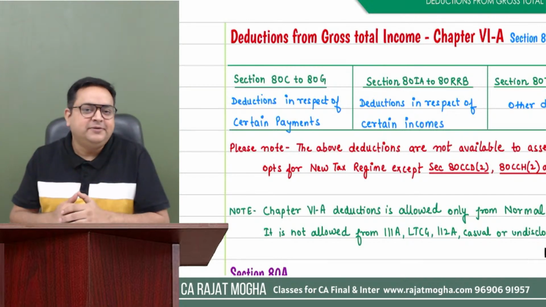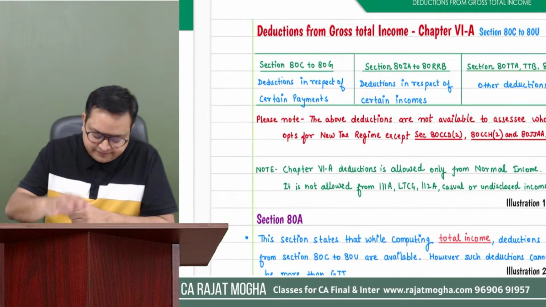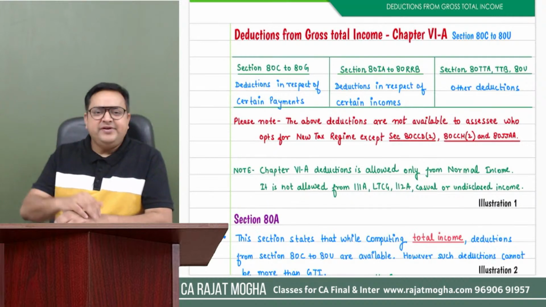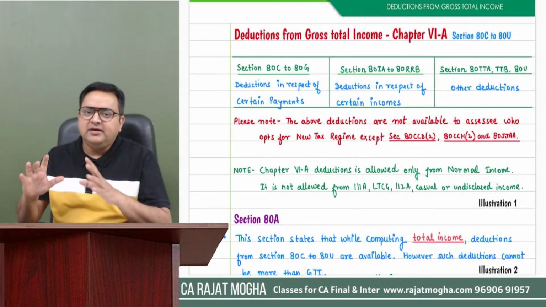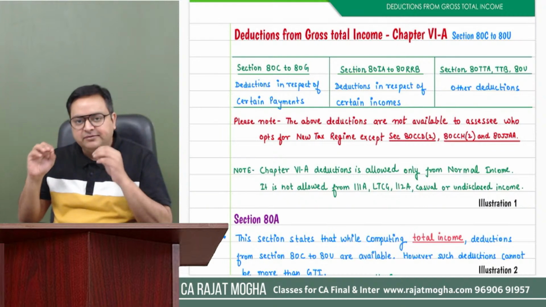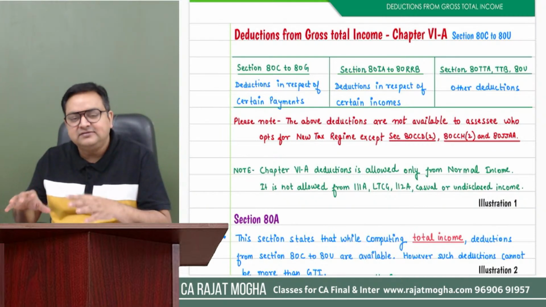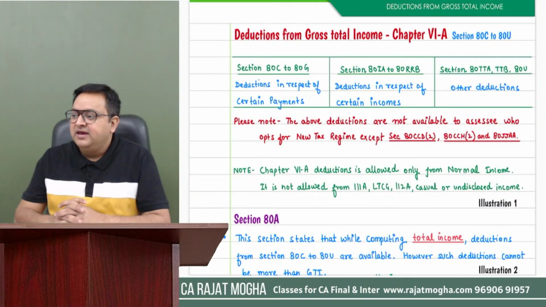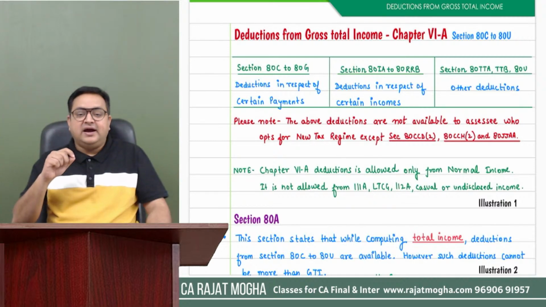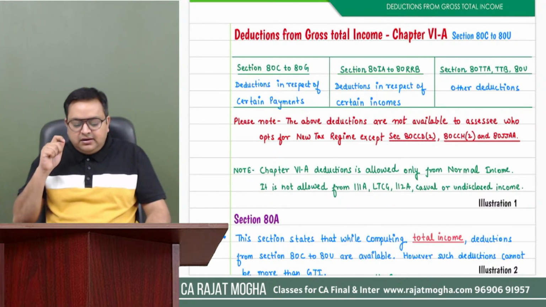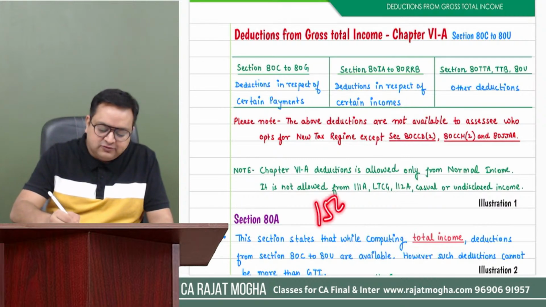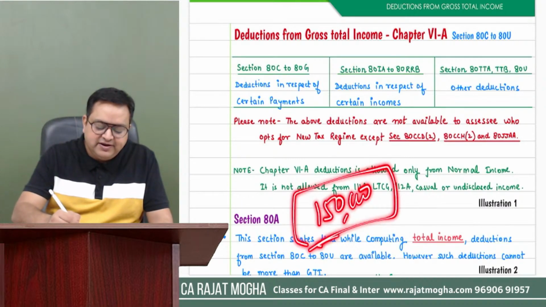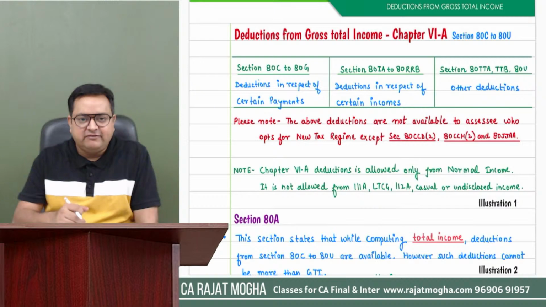Only then can that person claim deductions under 80C. In 80C, we have a list of some 19-20 types of payments. If the assessee is making payment in those particular places, then the assessee can claim deductions. And one of the most important things is that in 80C, we cannot claim more than 1,50,000. The maximum deduction which we can claim in 80C is 1,50,000.